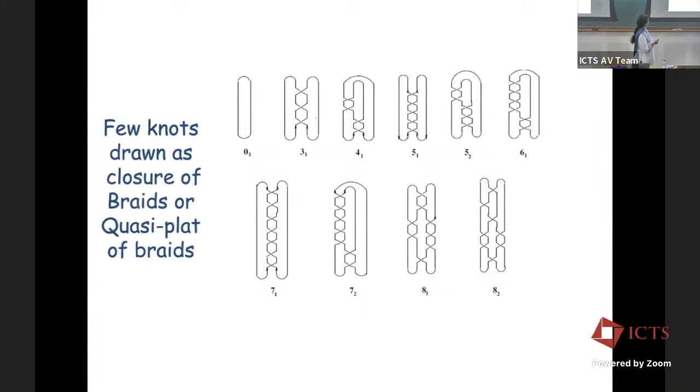Those are what we call in general a plat of a braid. If you do just a closure, then the arrows are just going upwards. But if you start doing all these complicated things, some places as closure, some places as capping, then sometimes some arrows can become anti-parallel, parallel, and so on. But that's just a convenient way of drawing.